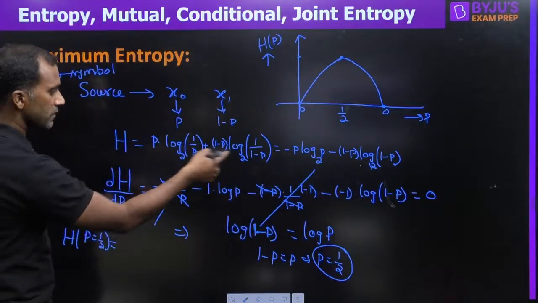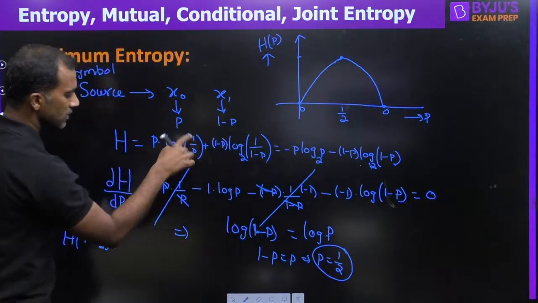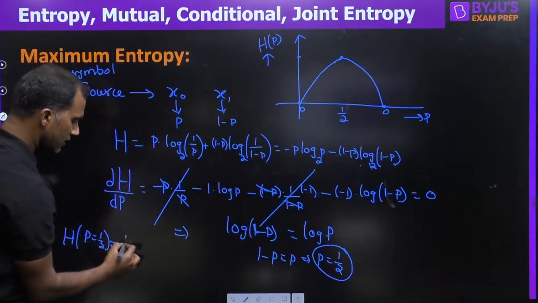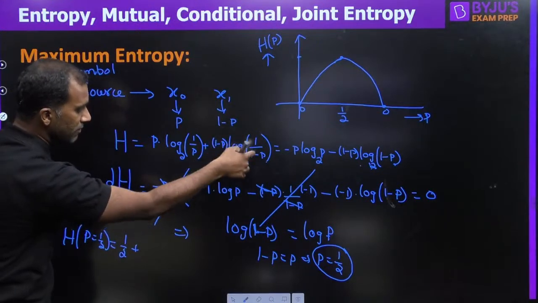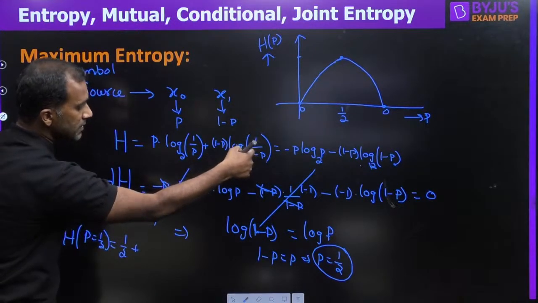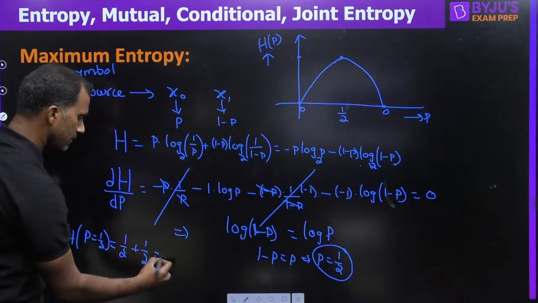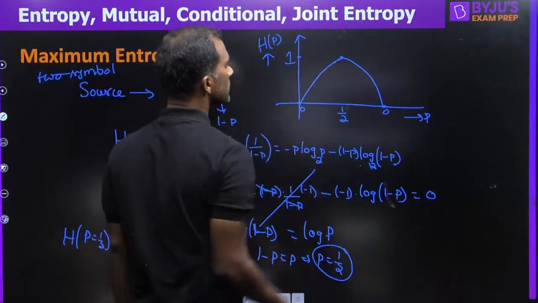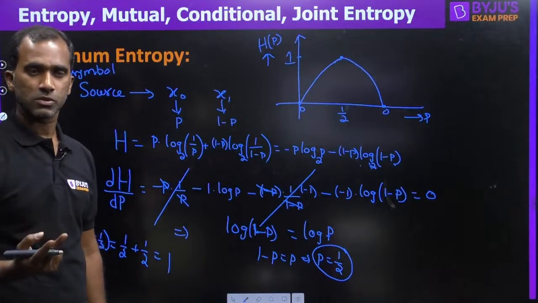If you substitute p equal to half, it is log 2 to the base 2, which is 1, with p also half, plus this, if you substitute p equal to half, this becomes log 2 to the base 2, which is 1, minus half is half, it becomes 1. So the maximum value possible here is 1, the maximum entropy is 1 for a two symbol source.